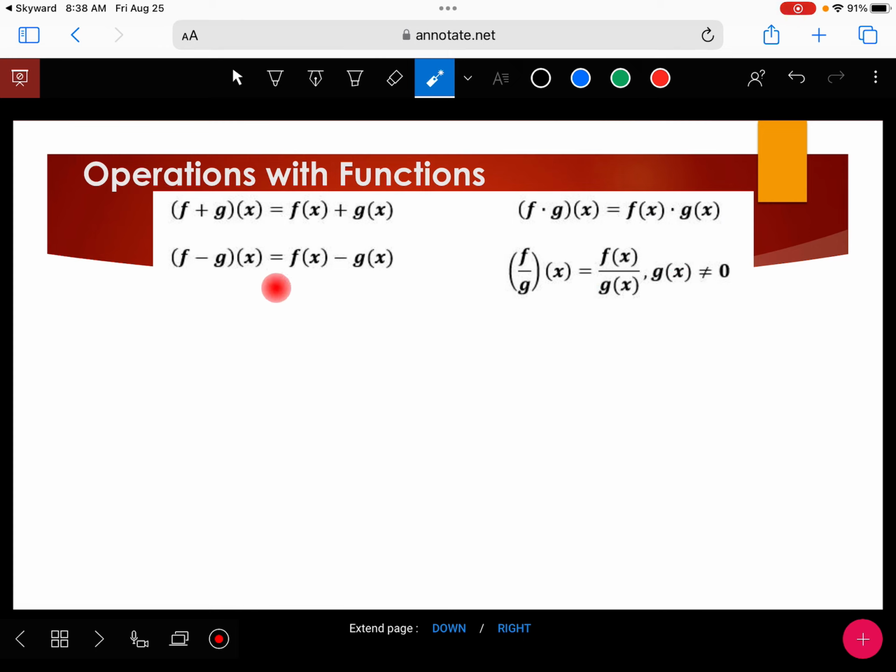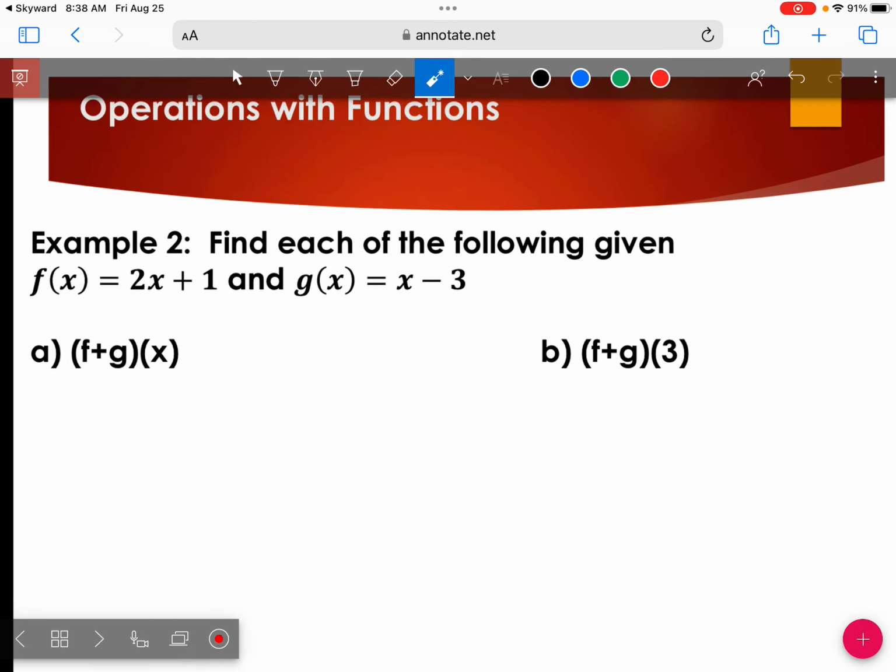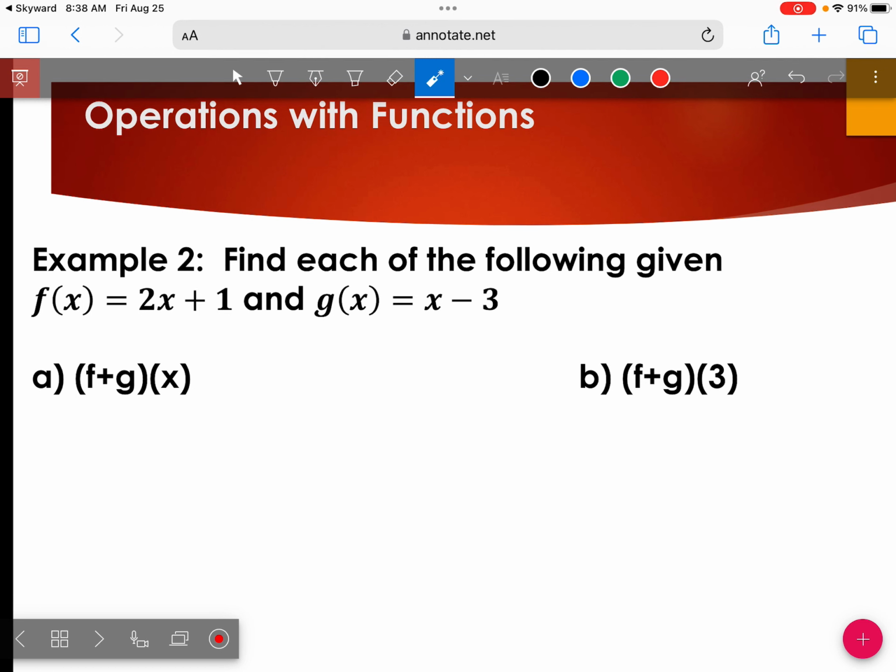We're going to talk about adding and subtracting today, and then Monday we'll finish out with multiplication and division. So the main thing you want to do is title your notes, operation with functions. And we're using the same two functions, and we're going to do all 4 operations. So today we'll do adding and subtracting, and then we'll finish out Monday with multiplication and division.